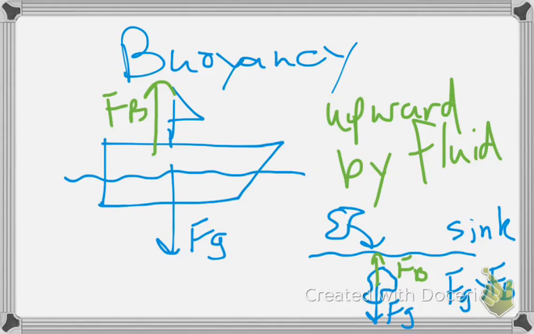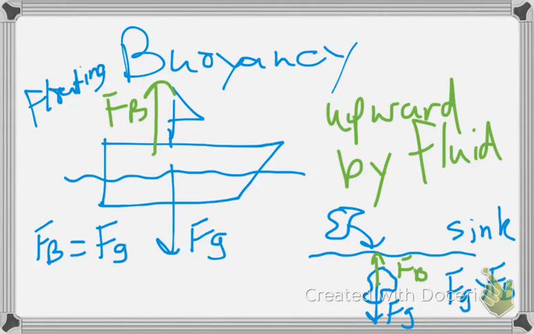But over here, when we're floating, then the buoyant force is equal to the force of gravity. So this buoyant force can shift in size and can be either more or less than gravity, and that depends on whether something is going to sink or float.